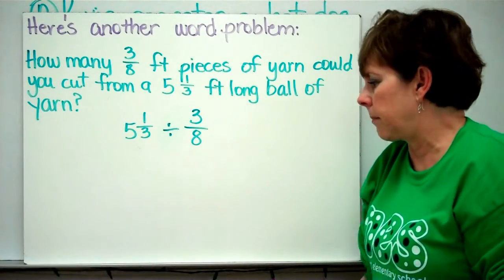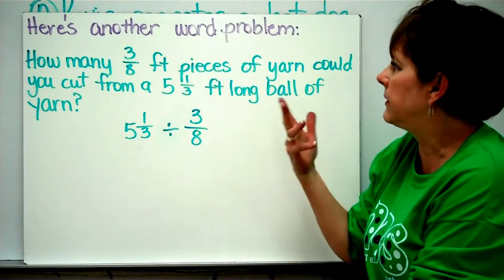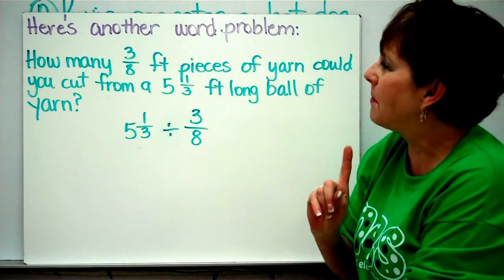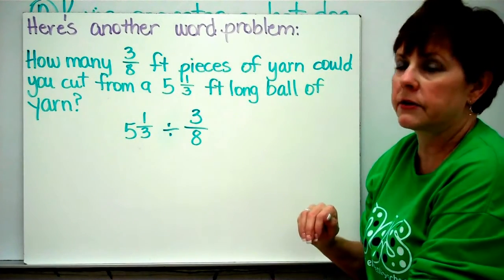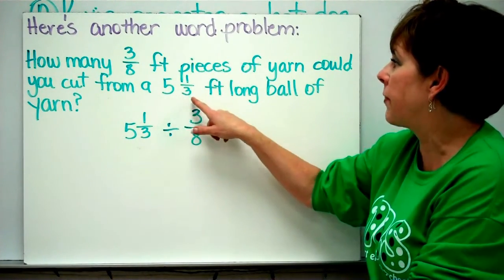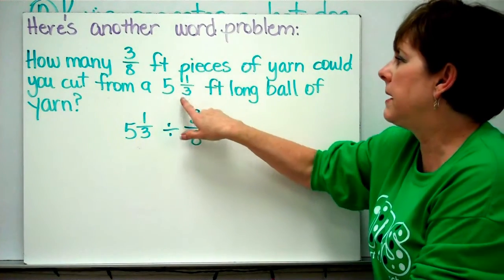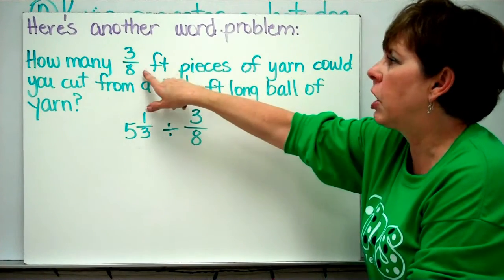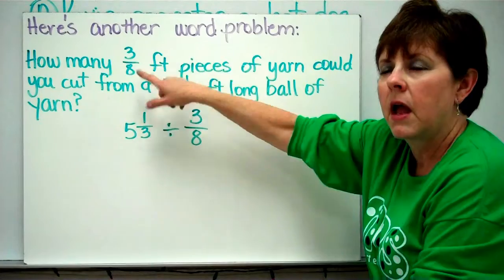Here's another word problem. How many 3/8 foot pieces of yarn could you cut from a 5 1/3 foot long ball of yarn? Okay, it's wanting me to take this and cut it up into pieces that are this size.